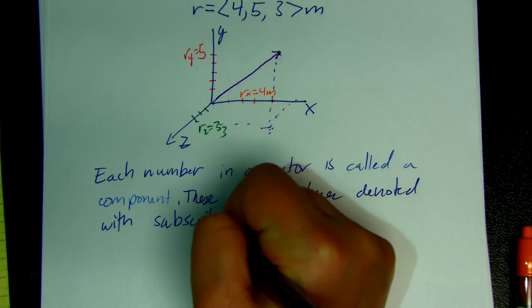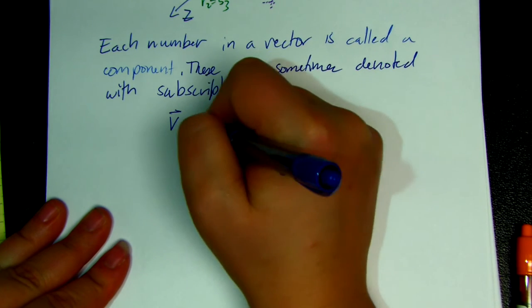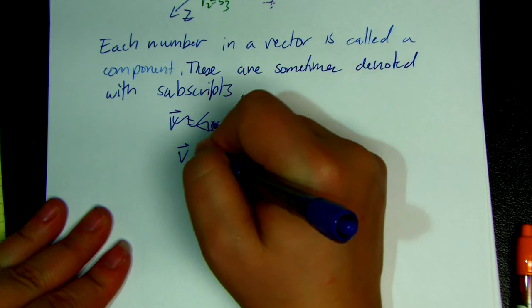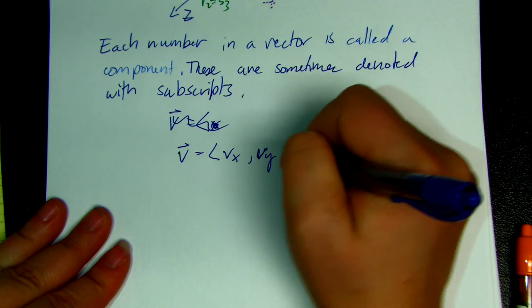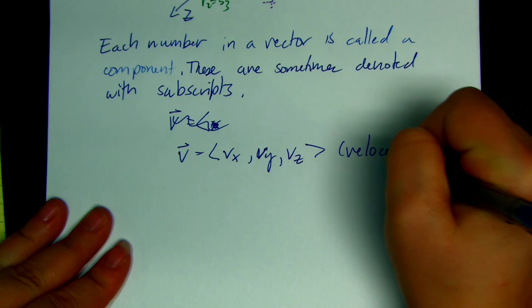And I'll show you what I mean. So for example, the velocity vector, you might see v sub x, v sub y, v sub z. This is velocity.